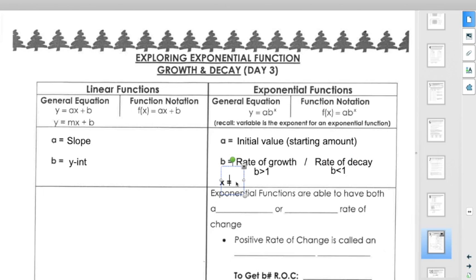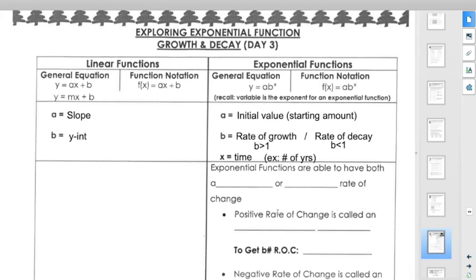And then x represents your time. The time given, for example, the number of years. This is just an example. Say 4 years have gone by, 4 would be your x value. So make sure you guys get all that down.